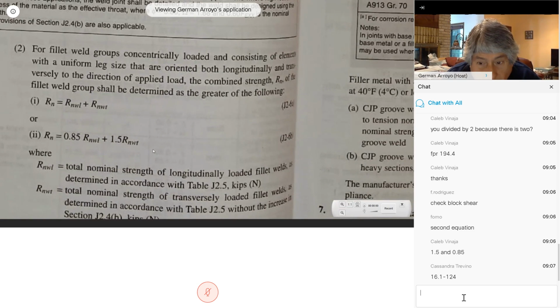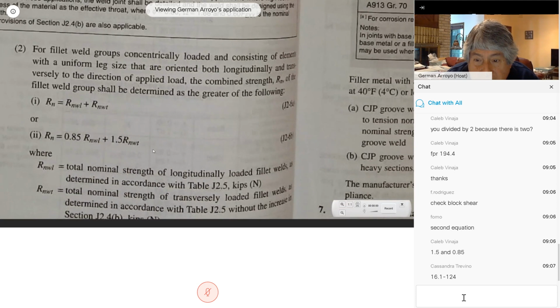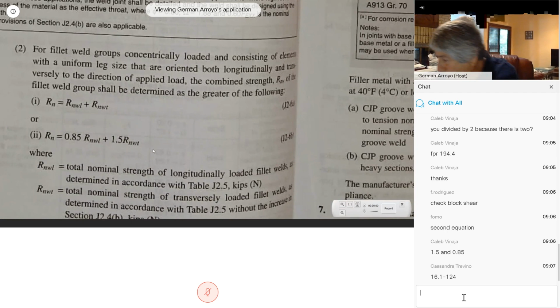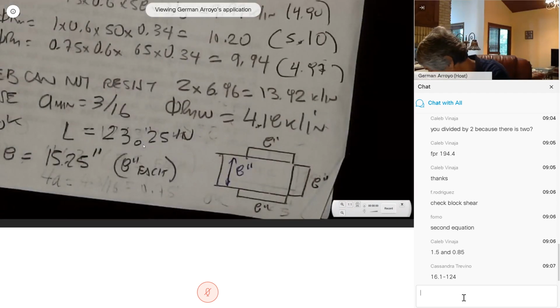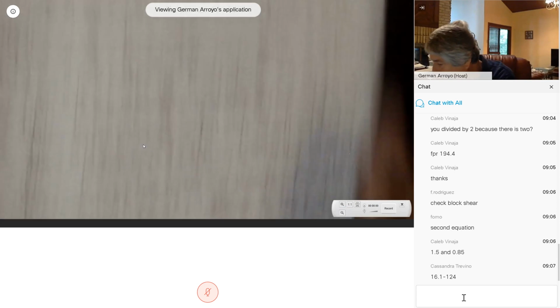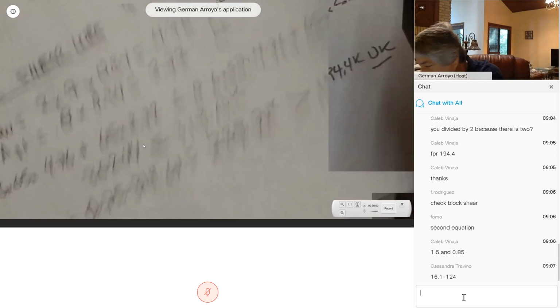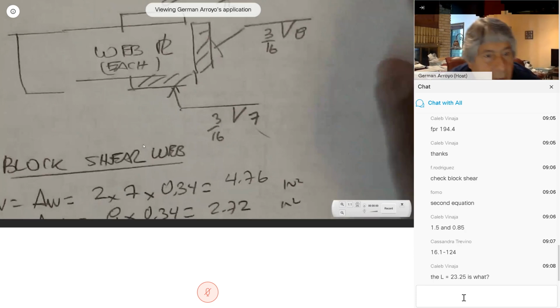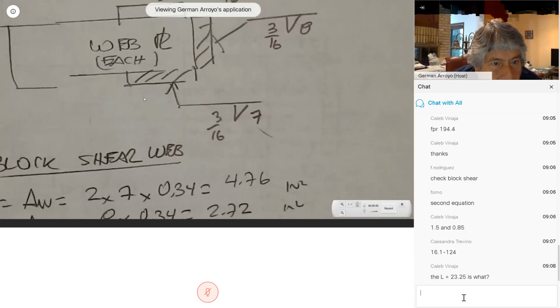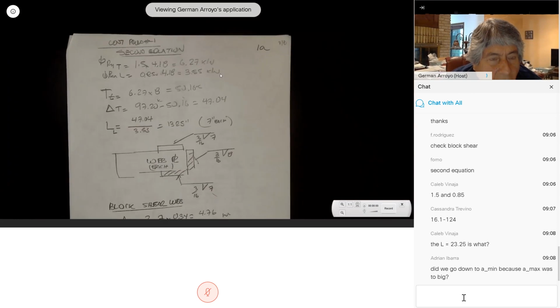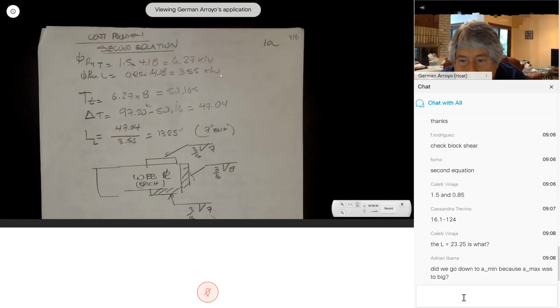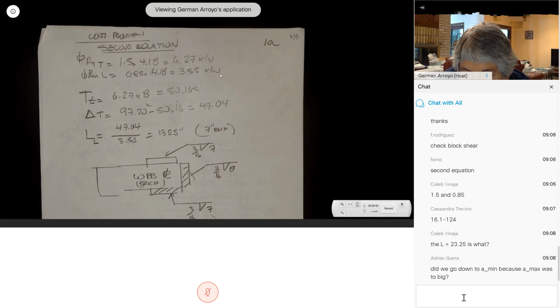So whenever I'm solving the problem and you don't know where I'm getting the equation, just stop me and ask me. This is the 0.85 and 1.5. So here on the top, 8 because I'm max.